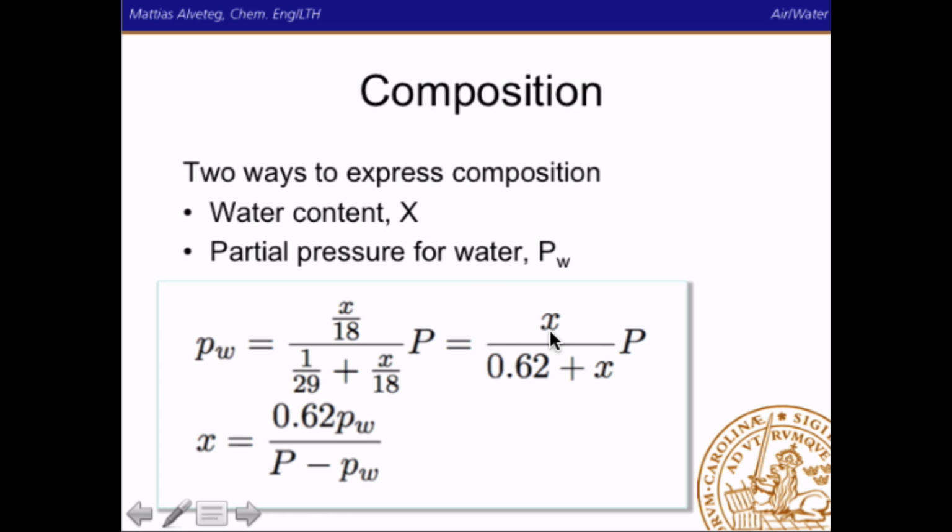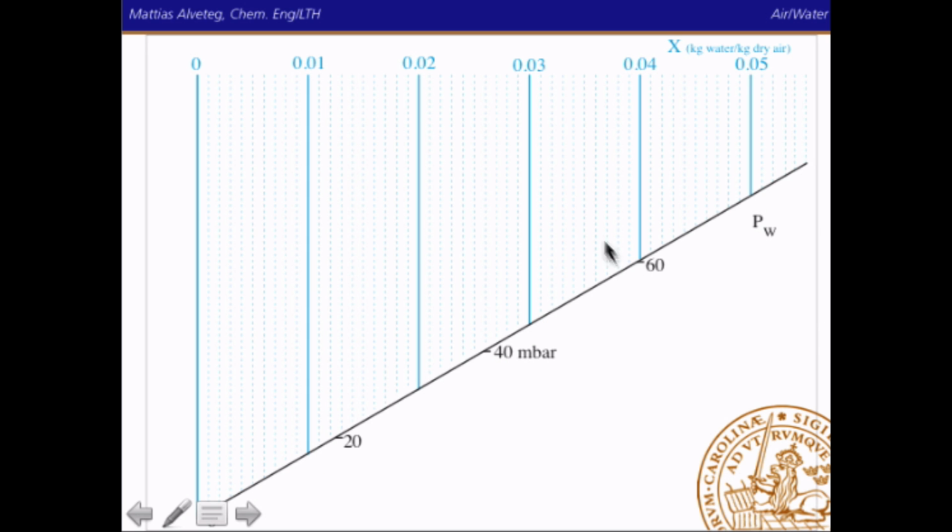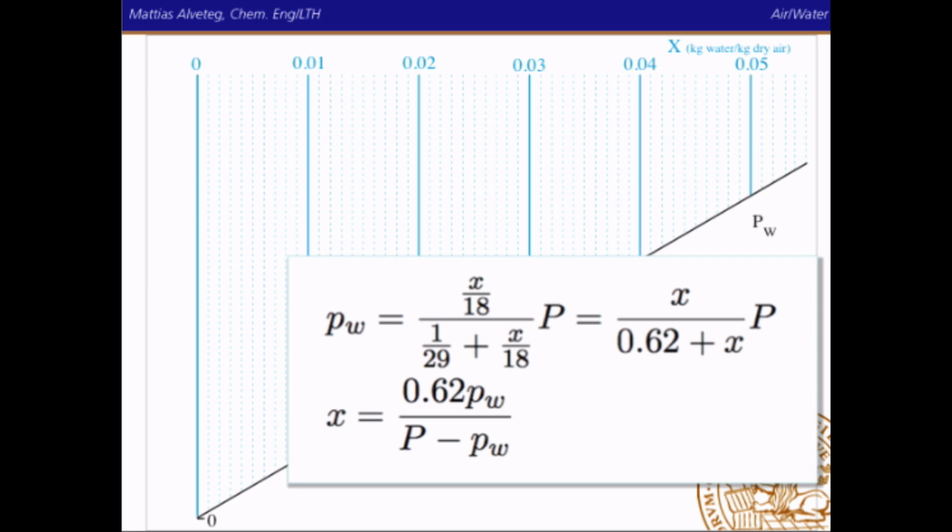So this is the equation going from water content to partial pressure water, and this is the one going from partial pressure water to water content. Okay, so we can draw that line here and say that 0.03 kilogram of water per kilogram of dry air is more than 40 millibar. And you can of course measure here more exactly what it is. Okay, and it's these equations here.